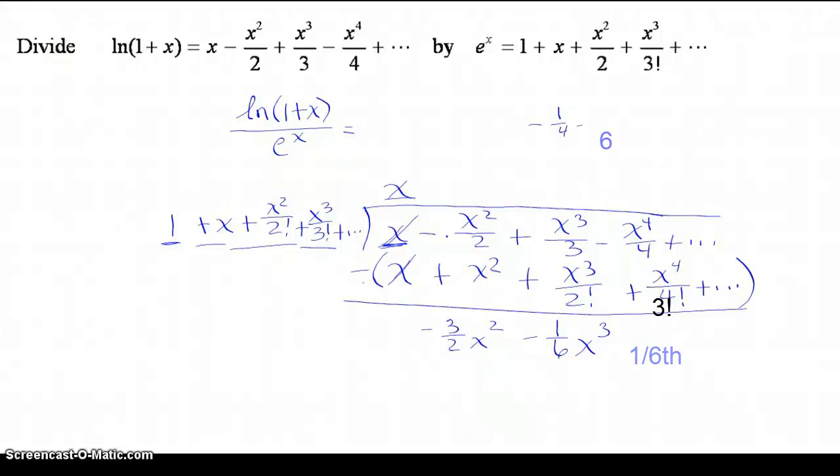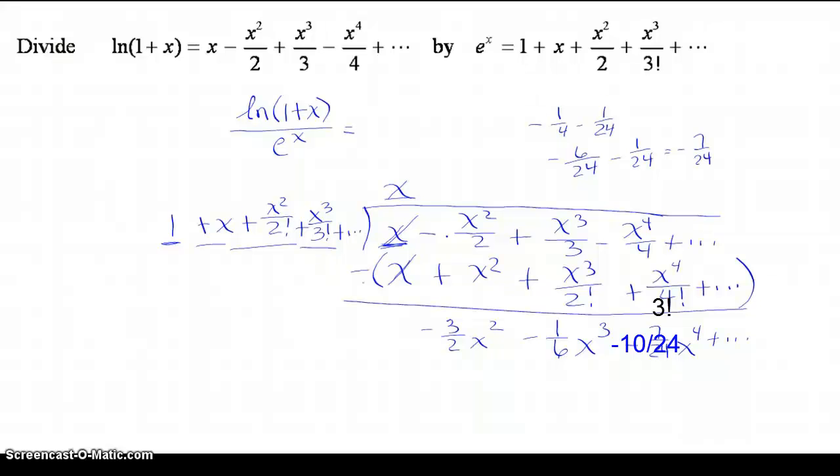Minus 1/4 minus a 24th is a minus 6/24, and another 1/24 is a minus 7/24. So you see, this is just really time intensive. You're probably not going to get asked to do this in a testing situation and get asked to show much more than probably the first 2, maybe 3 non-zero terms. But I do want you to see that it's possible.